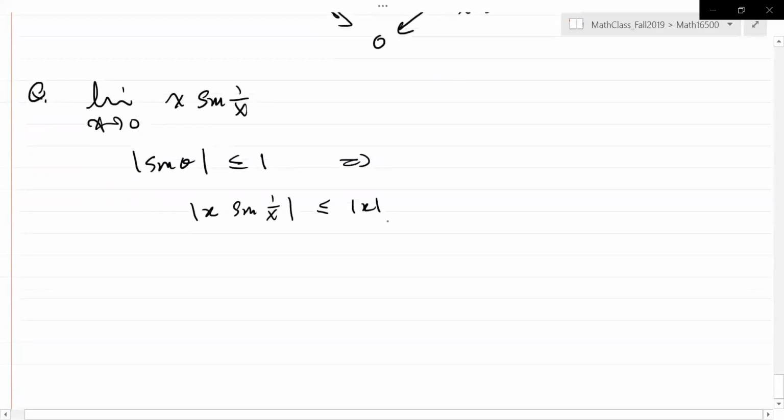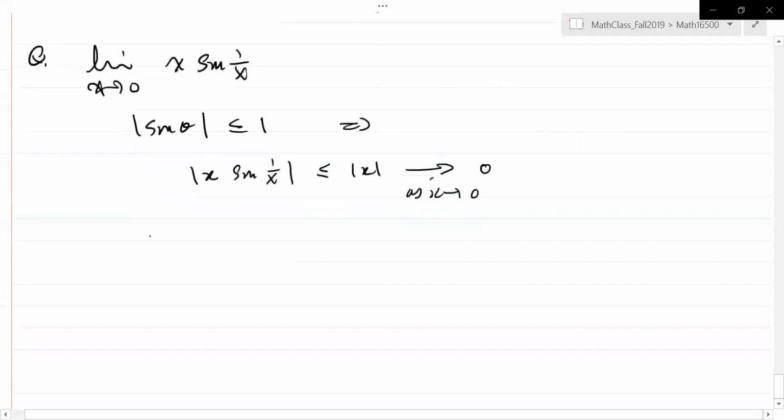Let's see it. Absolute value of x times sine 1 over x is less than or equal to absolute value of x. So if absolute value of x approaches 0, which is an assumption, then it forces x times sine 1 over x to approach 0.